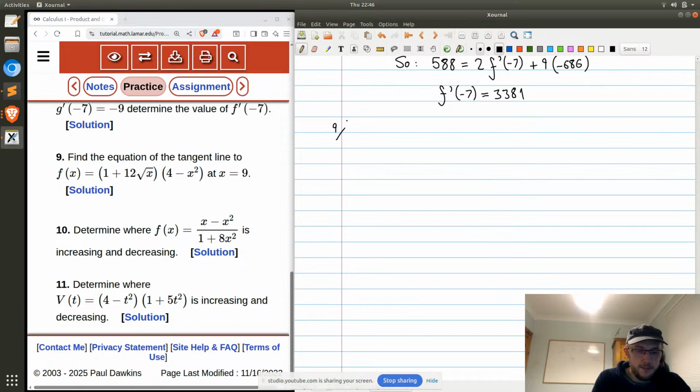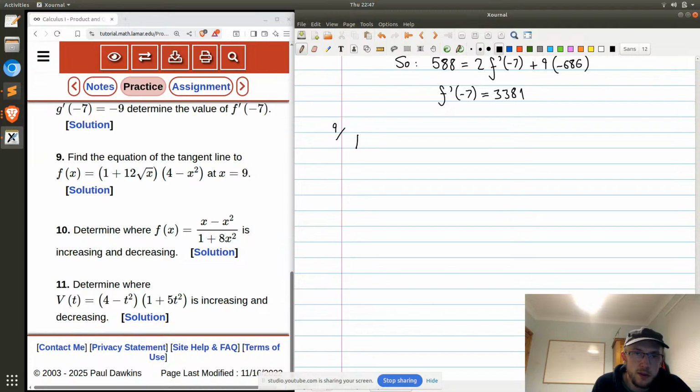Okay, now find the equation of the tangent line to f of x at x equals 9. So let's compute the derivative.